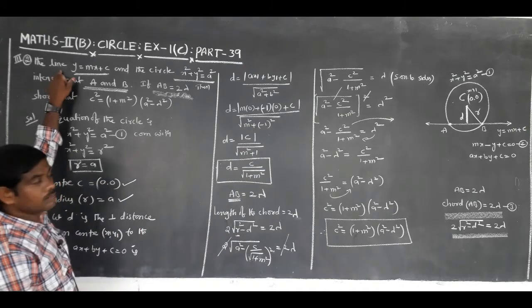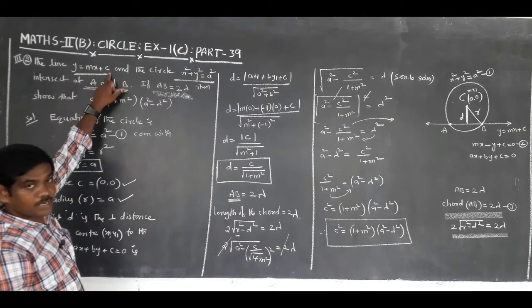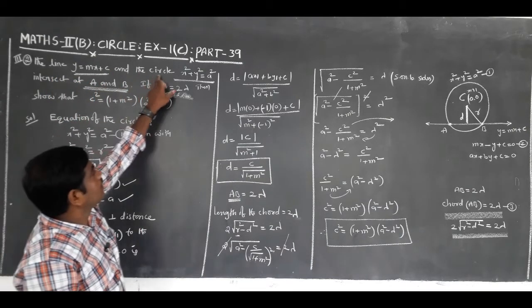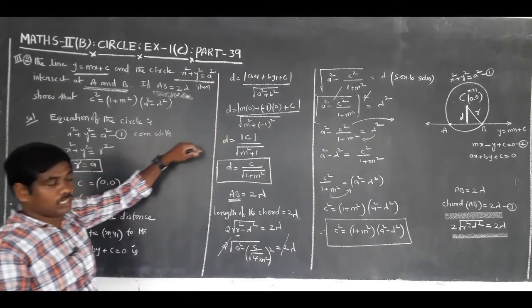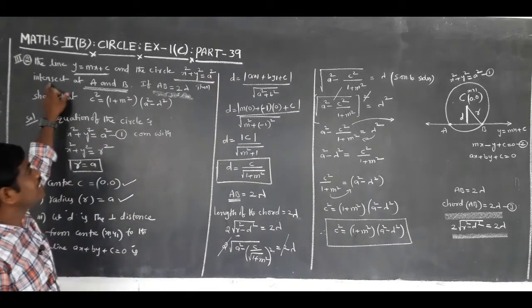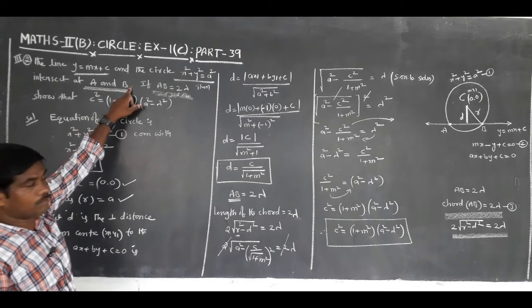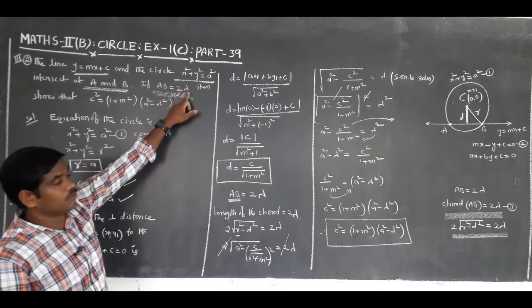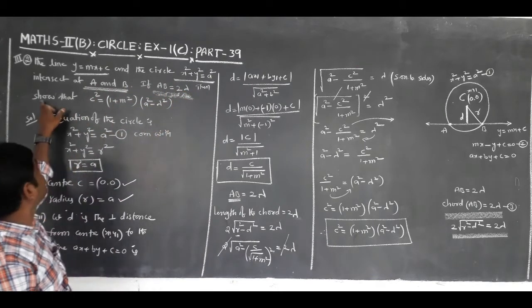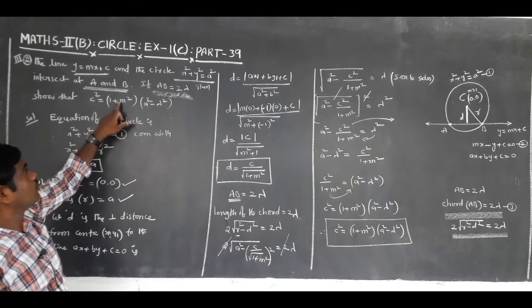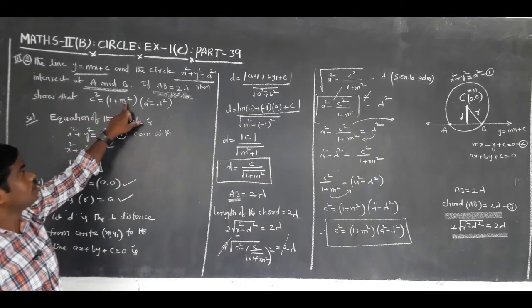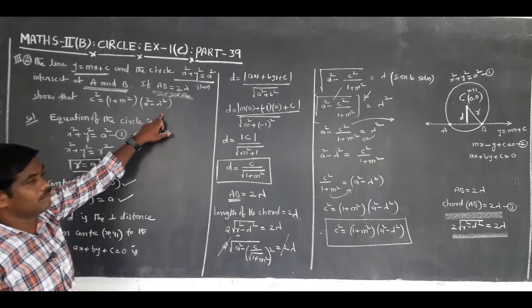If the line y is equal to mx plus c and the circle x square plus y square is equal to a square intersect at capital A and capital B, and AB is equal to 2 lambda, then show that c square is equal to 1 plus m square into a square minus lambda square.